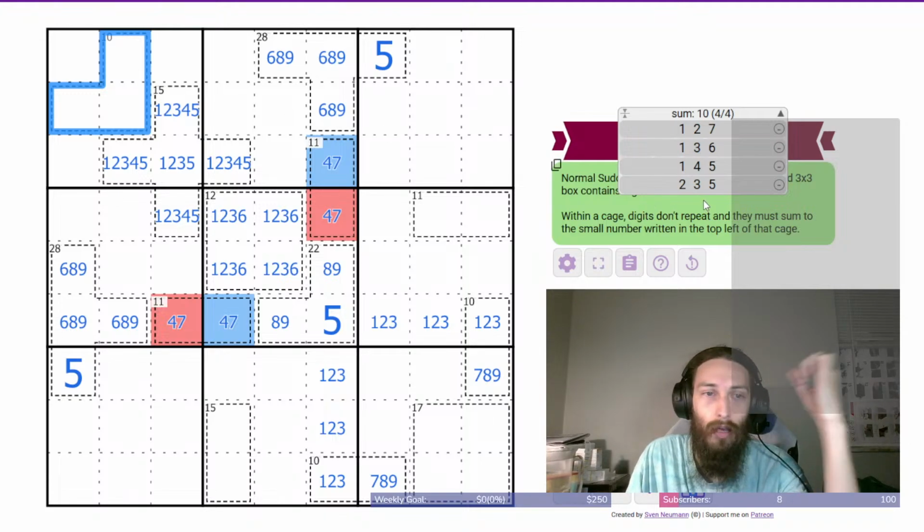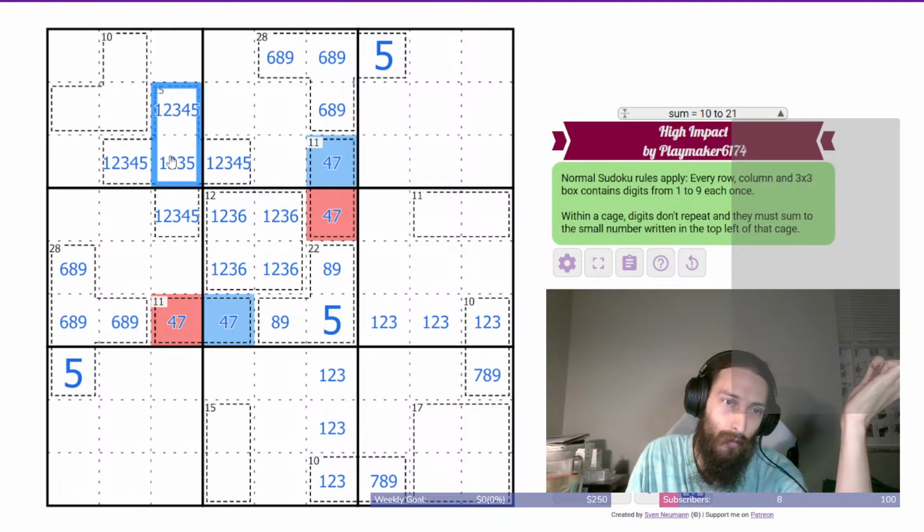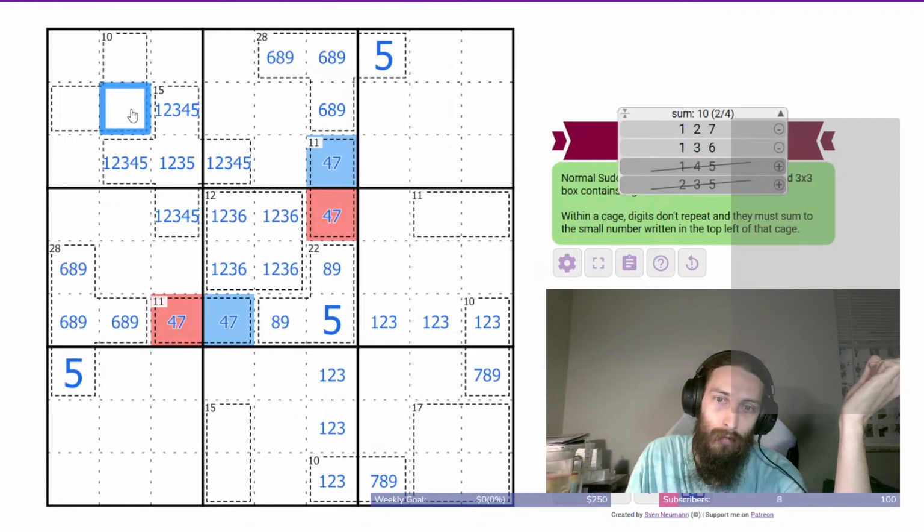Wait, it can't be 2, 3, 5. And it can't be 1, 4, 5 either. Because that would remove those digits from here. And now you wouldn't be able... Right. You'd have to put all 3 of them outside.